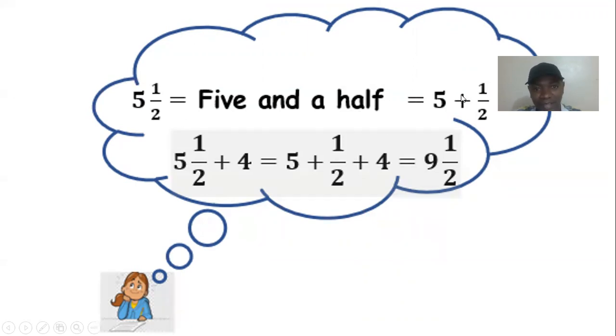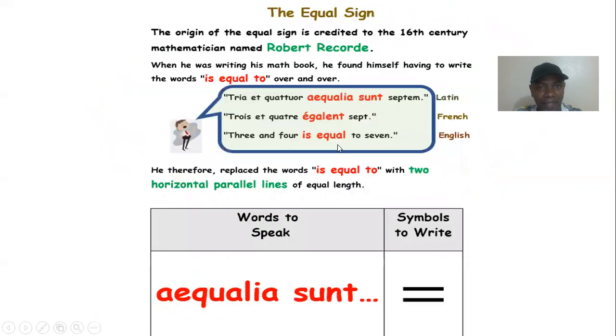For example, 5 and a half plus 4 is equal to 5 plus a half plus 4, that's 9.5. Okay, you have 5.5 and you add 4, you have 9.5. So always remember, "and" is the same as plus in arithmetic.